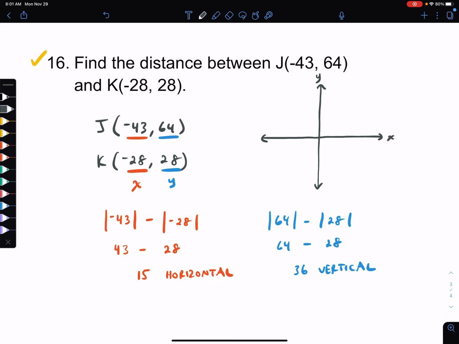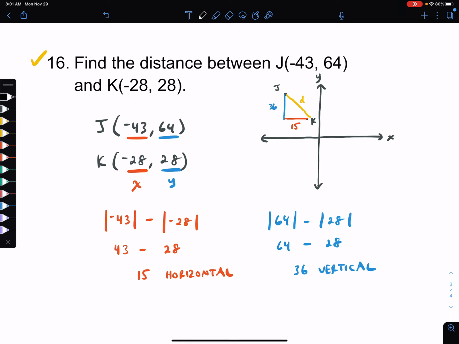J would be -43, +64 would be like somewhere up here. -28, +28 would be like somewhere here. So what did we just figure out? This is like 15. This is 36. If you hear a bunch of kids yelling, they're outside. And so we need to figure out this distance here. I'll call this distance D.